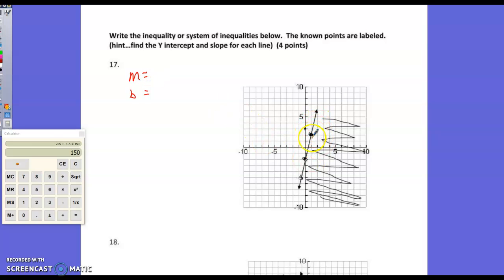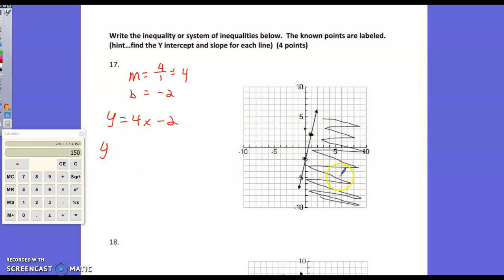I labeled the points for you so you can look at those. Where this line crosses the y-axis is right here, so that is -2. And the slope, if I go from this one to this one, I go up 1, 2, 3, 4 over 1, so 4 over 1, or just 4. If I'm going to write an equation, this would be y equals 4x minus 2, but I'm writing an inequality.